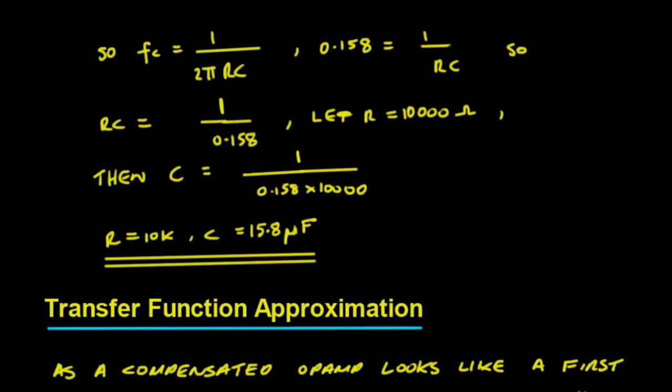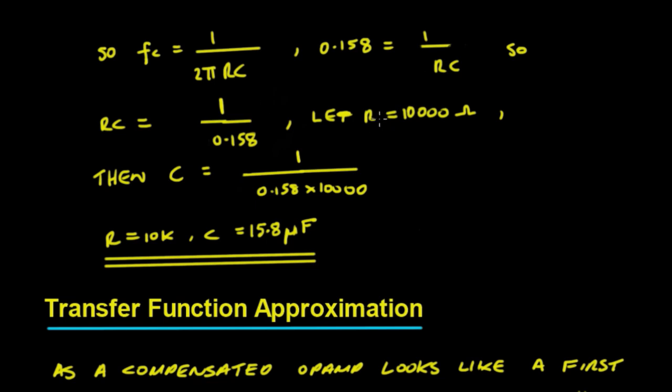So we've seen from previous videos that we can work out the cut-off frequency of a low pass filter. It's going to be given by 1 upon 2 pi RC. So we know the value of the 2 pi f, which is our frequency in radians per second, which is going to be 0.158. So 0.158 is going to equal 1 upon RC. So we can say RC is going to equal 1 upon 0.158.